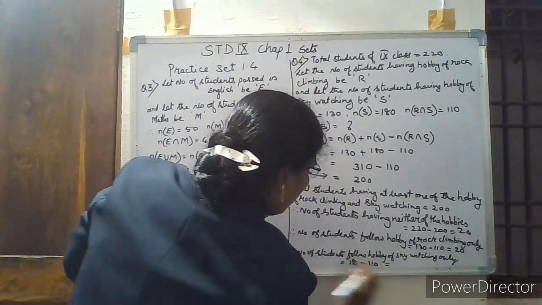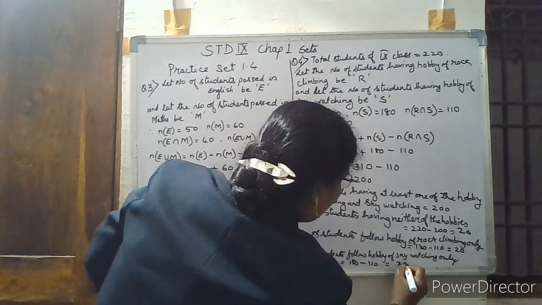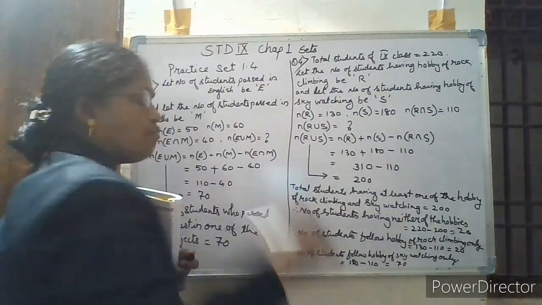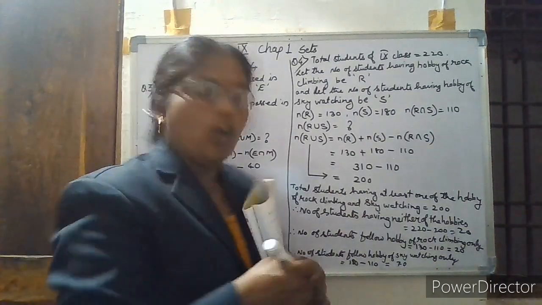That will give you 70. So 70 students have the hobby of sky watching only and no other hobby.